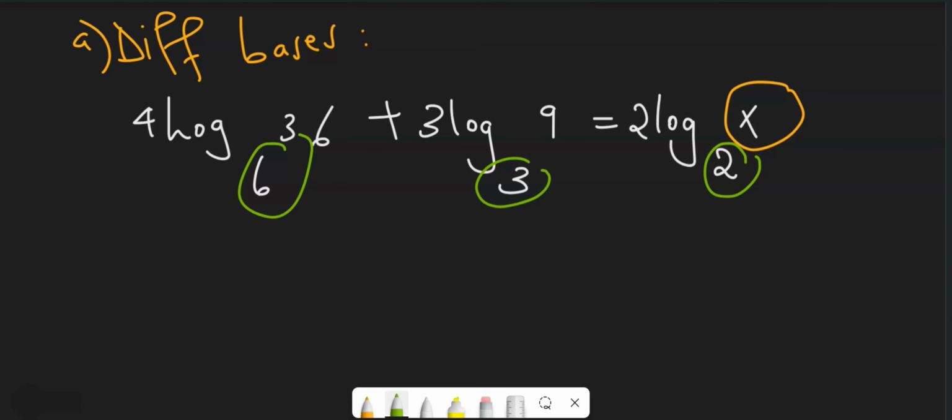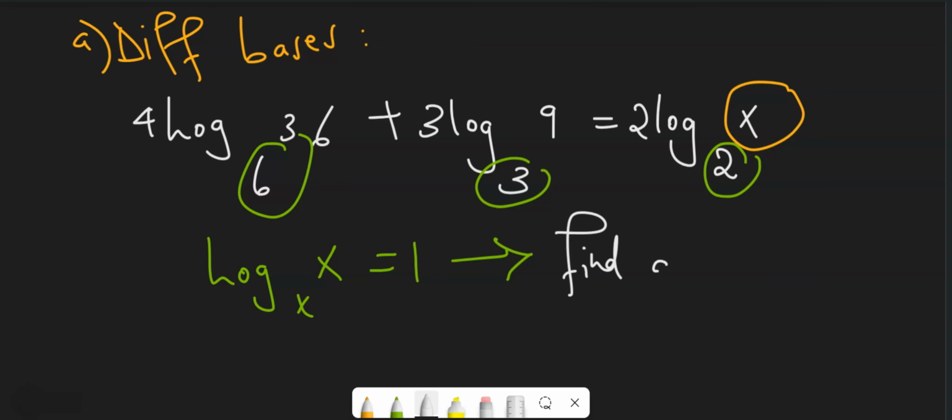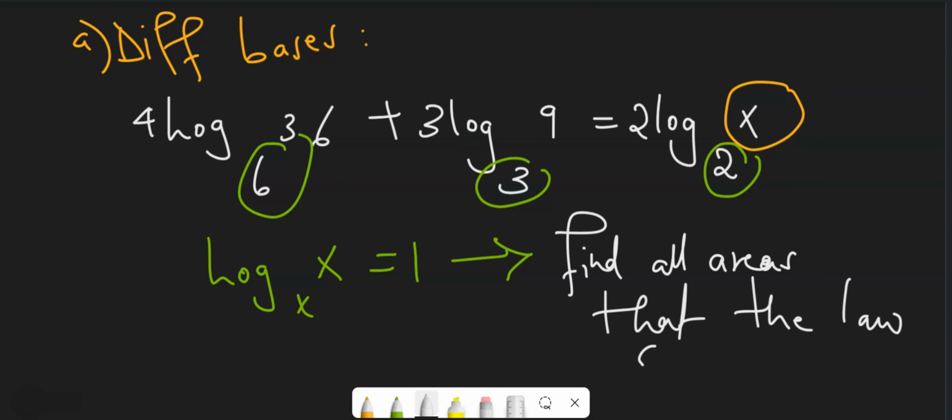So remember the rule that I taught in my previous video on rules of logarithms, that log x to base x is always 1. So what you need to do is actually find all areas that the law can apply. And what are those areas?